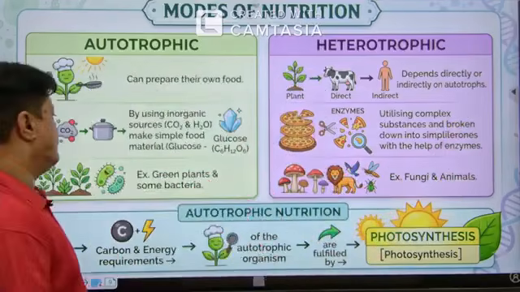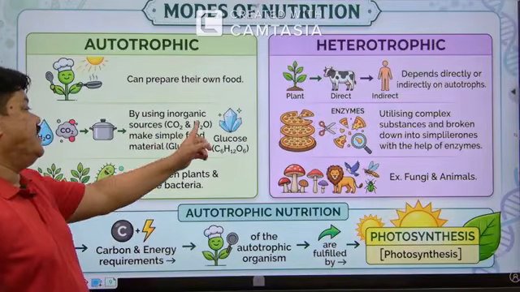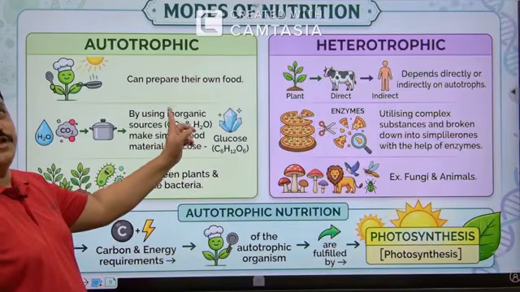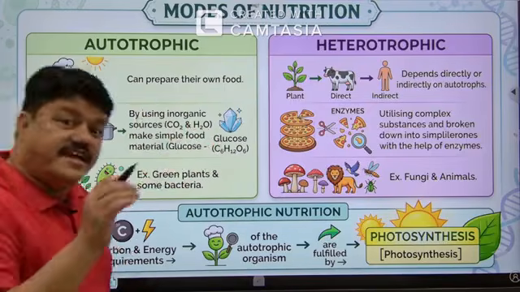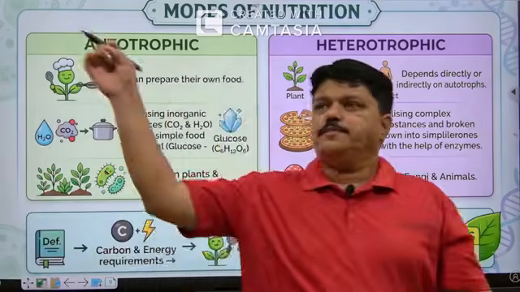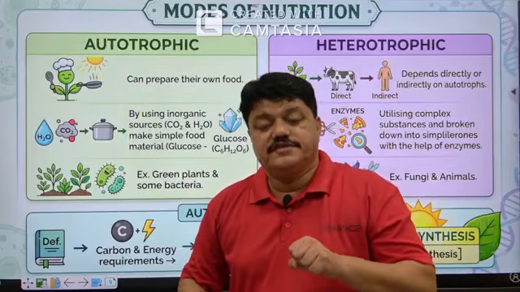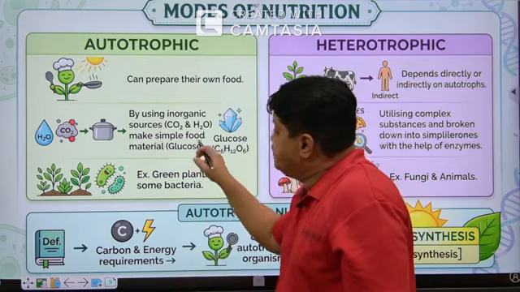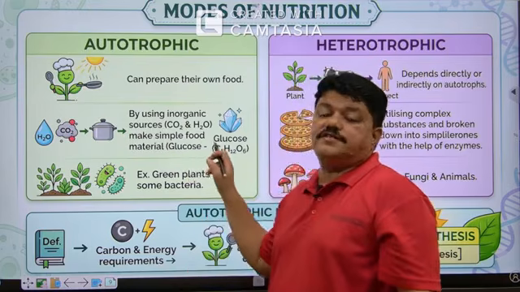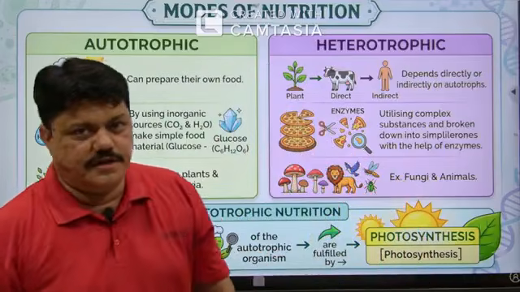Importantly, second point, as we said earlier, autotrophs use inorganic sources such as CO2 and H2O. Here they use inorganic sources, atmospheric CO2 and H2O which is absorbed by roots from soil water, and make simple food material such as glucose, which is C6H12O6.